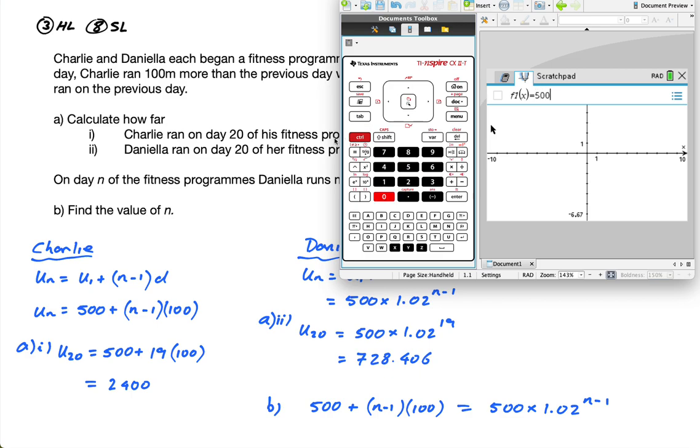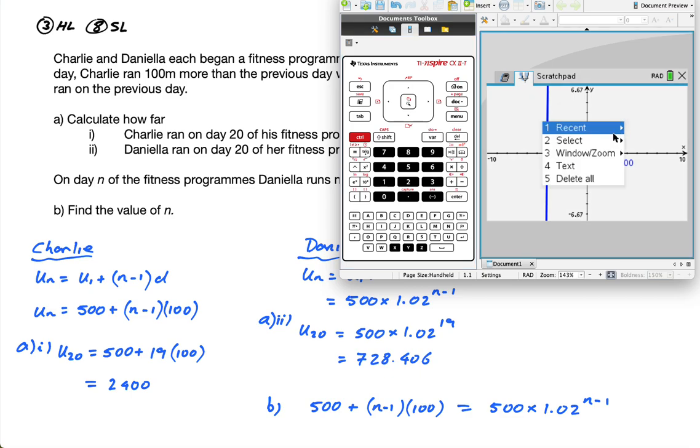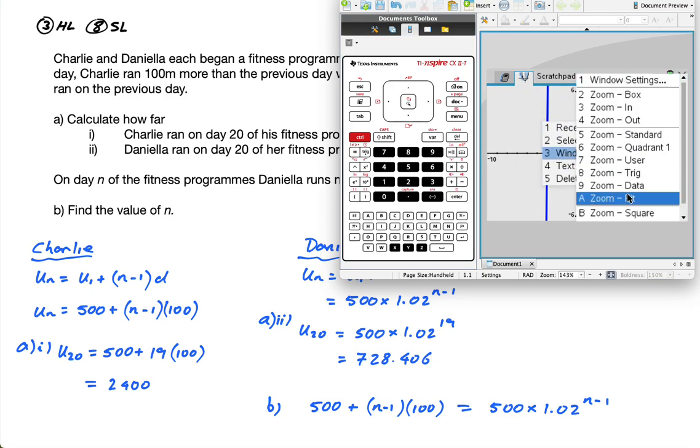So this guy is 500 plus, remember to use x minus 1, times 100. That is his graph. Now it doesn't look like anything, because remember, he's starting at 500. So when n is 1, he's going to be at 500. So let me just change the zoom a bit here. I'll try the zoom fit.